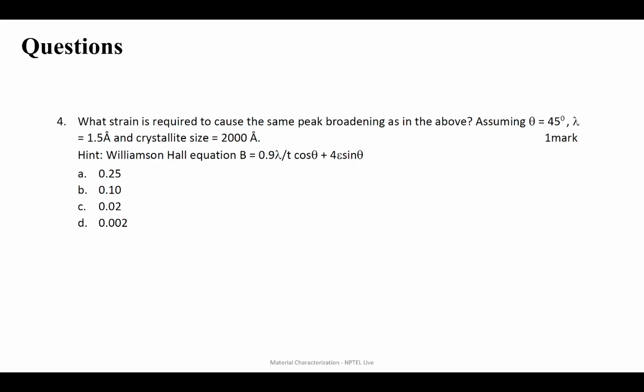What strain is required to cause the same peak broadening as the previous question, assuming theta is 45 degrees, lambda is 1.5 angstrom, and crystallite size is 2000 angstrom? Hint, the Williamson-Hall equation you have to use is B equals 0.9 lambda by T cos theta plus 4 epsilon sin theta.